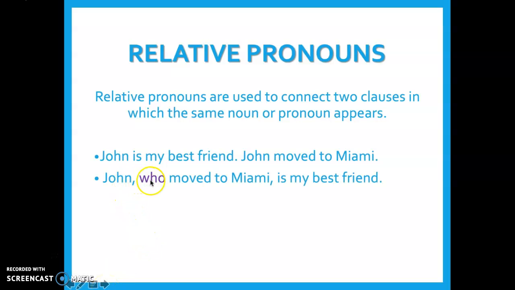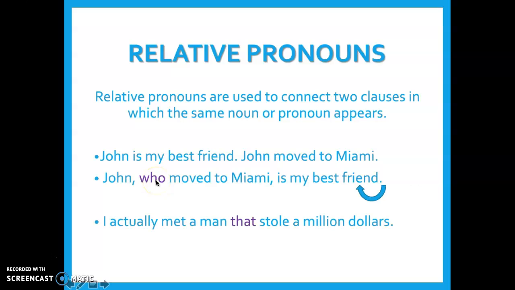John, who in this case is replacing John. John, who moved to Miami, is my best friend, right? So by this relative pronoun, we now have a complex sentence where the two clauses in the previous examples are now one sentence, one sentence consisting of two clauses.